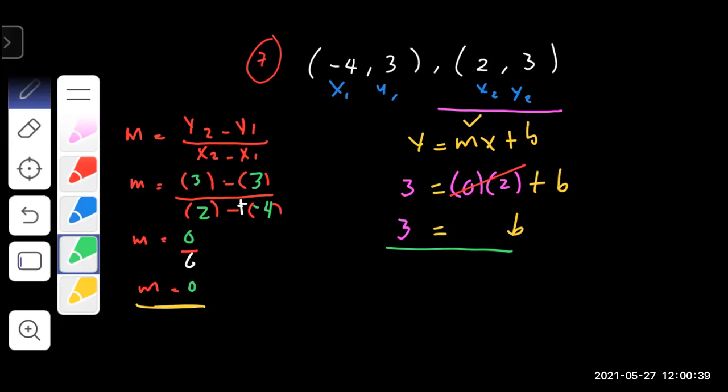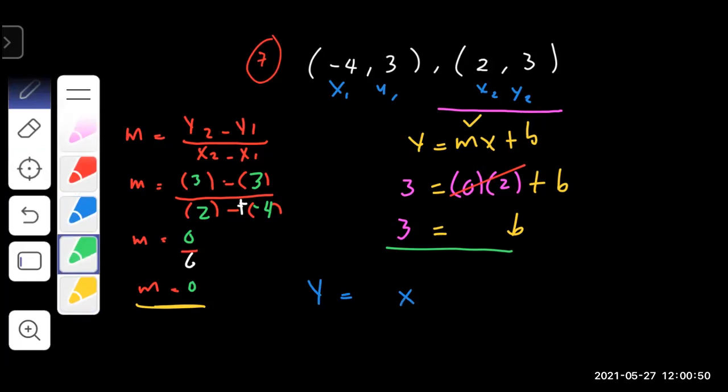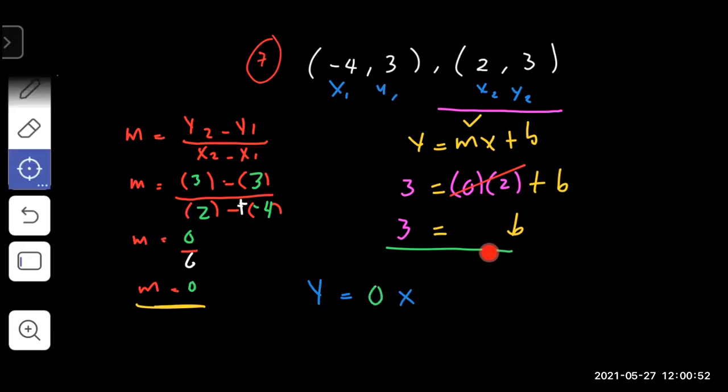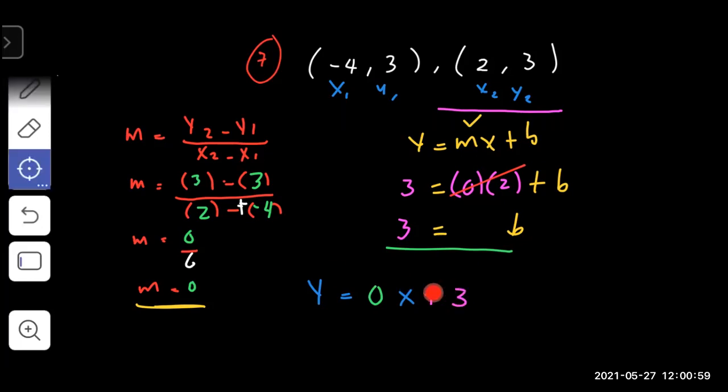Now, guys, let's represent the solution. y is equal to mx plus b. What is the value m? 0. Okay, excellent. And what is the value b? 3. Plus 3. Guys, this is okay. This is perfect.